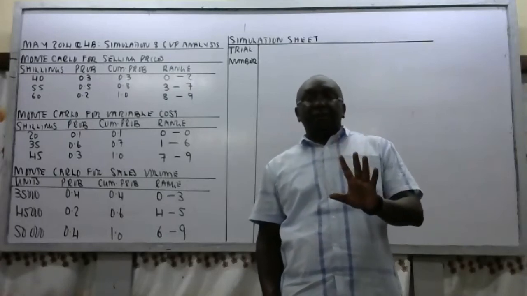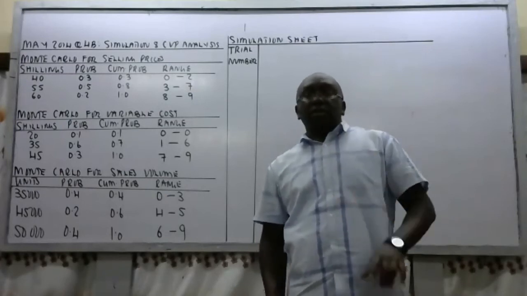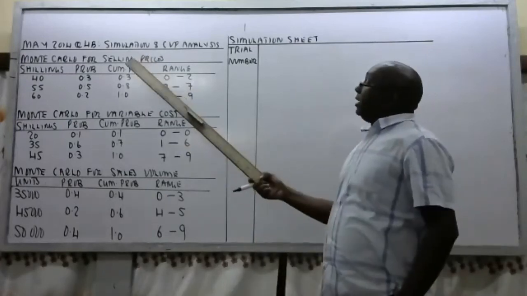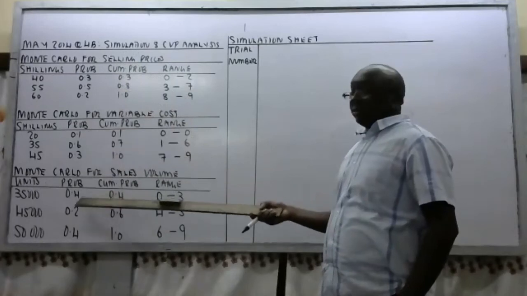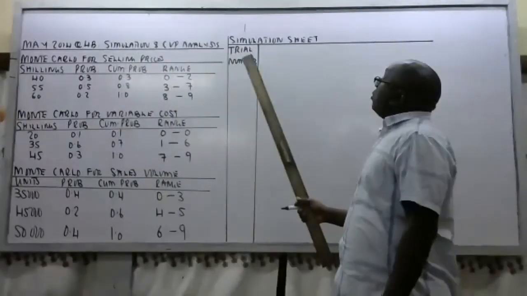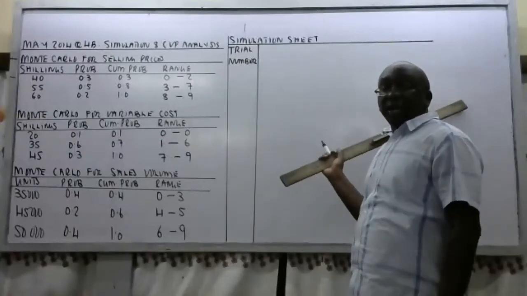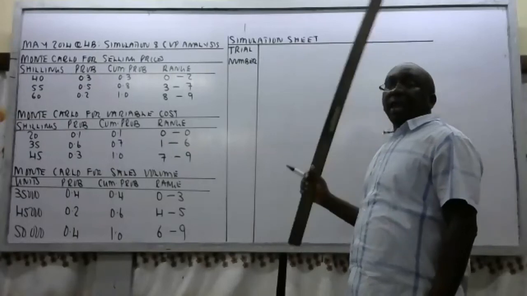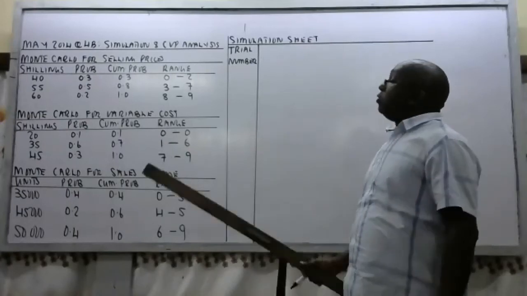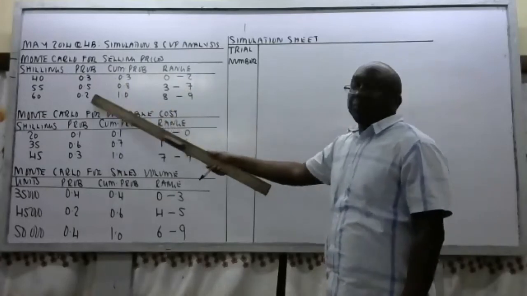Those ones are enough, because what is more important in simulation is, number one, the design of the Monte Carlos. That's the first thing we check. Number two, how you design the titles of the sheet so that finally you get your objective, the commission. And then number three, how you are able to record the random numbers and pick the values appropriately.